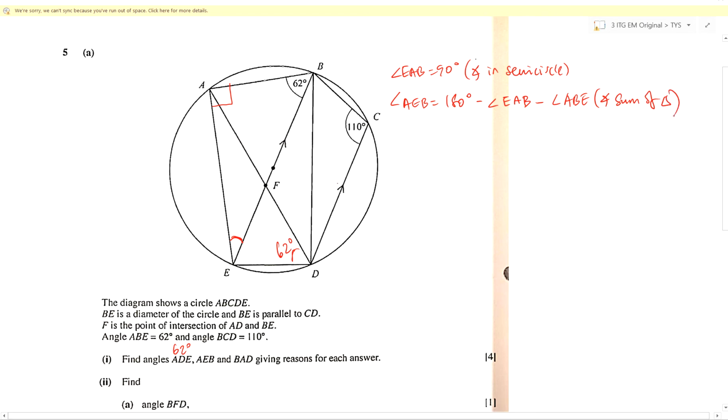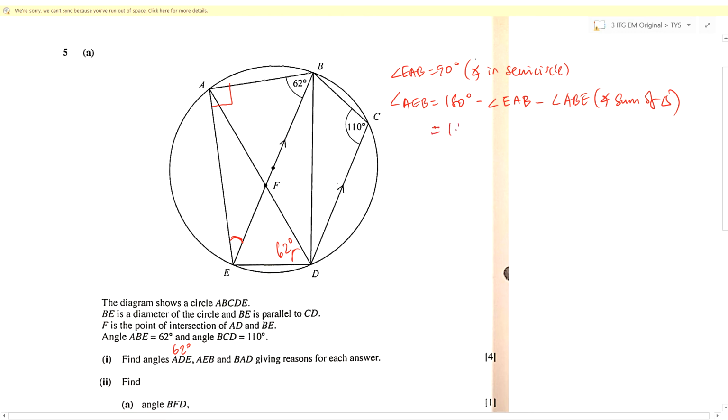These are explanations that you have been learning since Sec 1. If you had memorized it then, right now it will just come out of you naturally already, because you've been practicing it for 3 to 4 years. If you haven't memorized them, now you better start memorizing so that when it comes to O levels, when it comes to your prelims, your job is much easier.